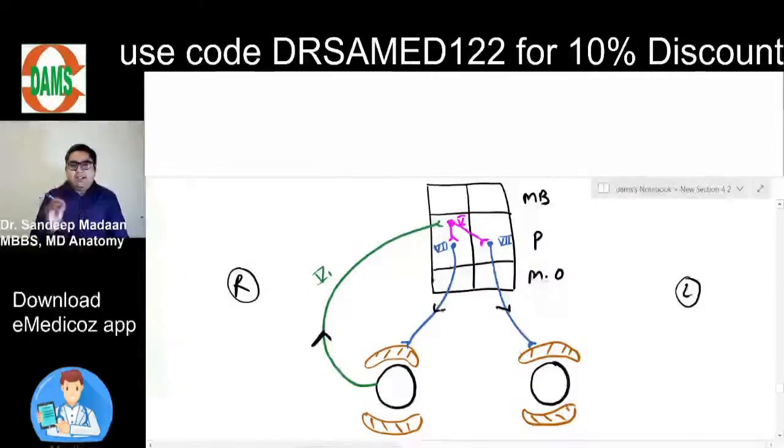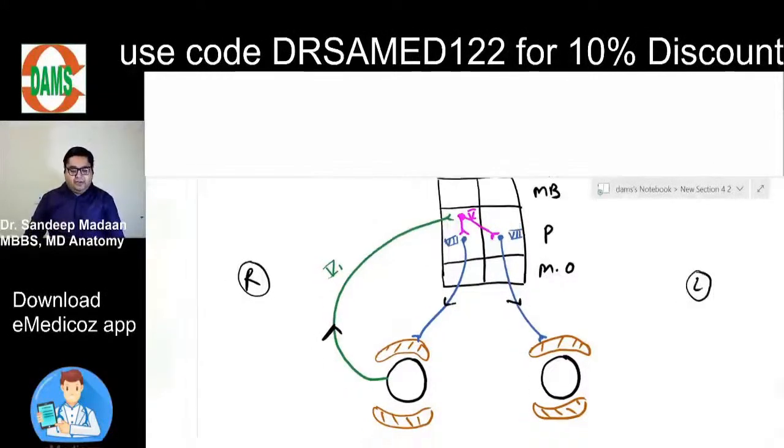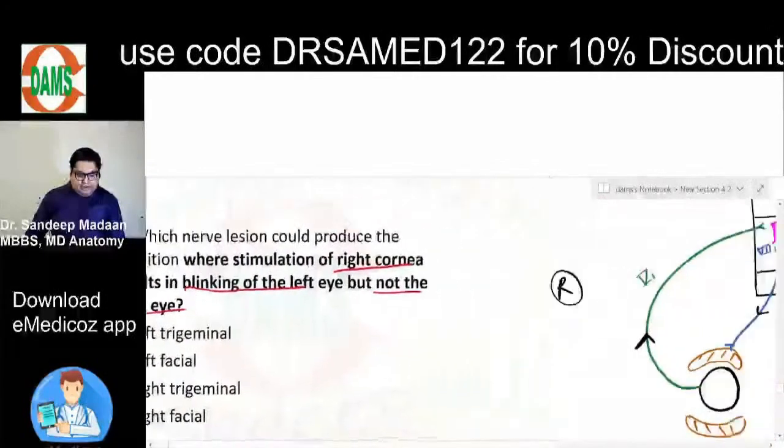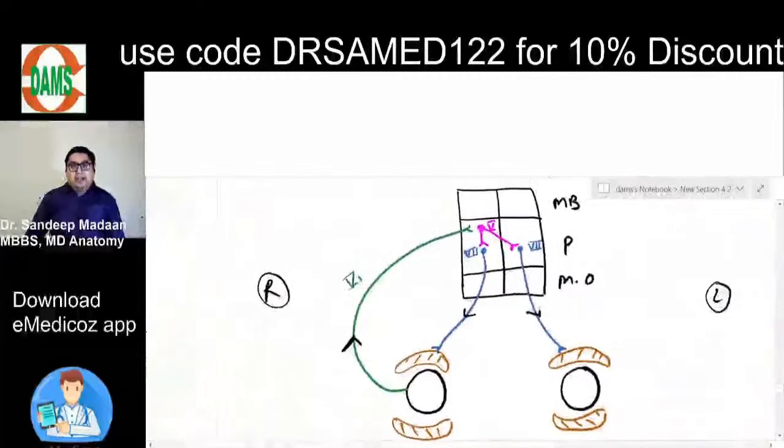Now the question says, when you are touching the right cornea, left reflex is present, only right is absent. How is that possible? See, if the afferent is all right, it will go and stimulate, and it is also getting stimulated.